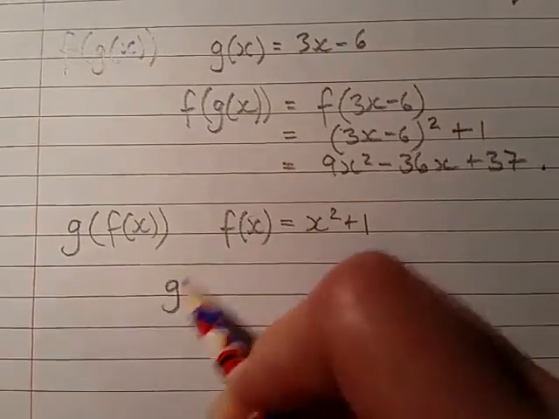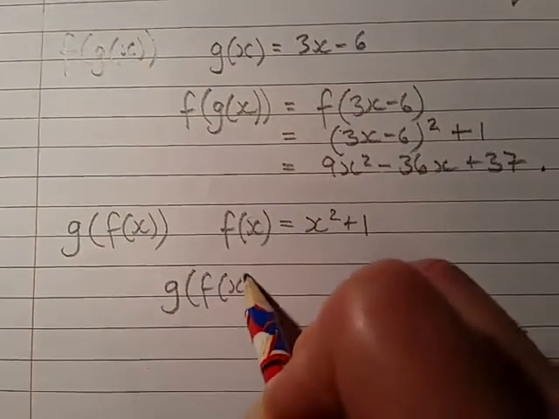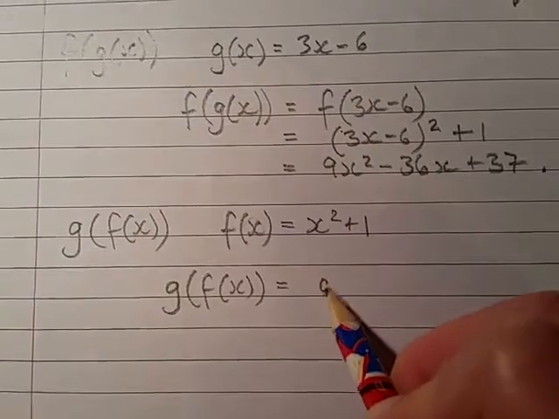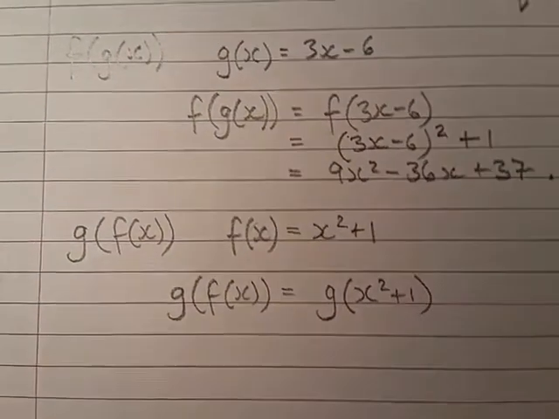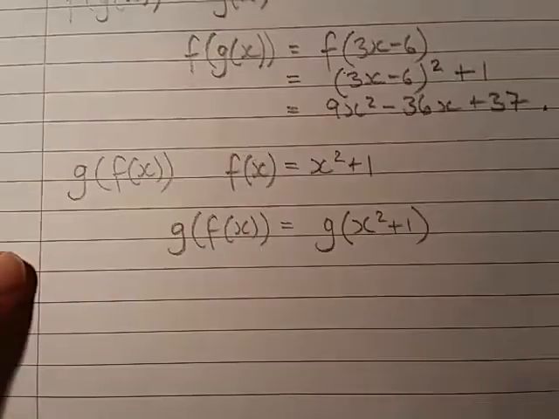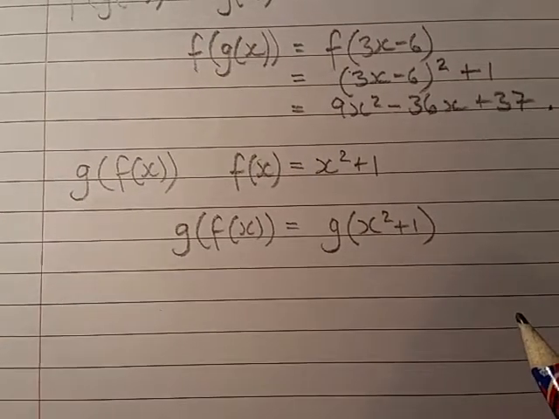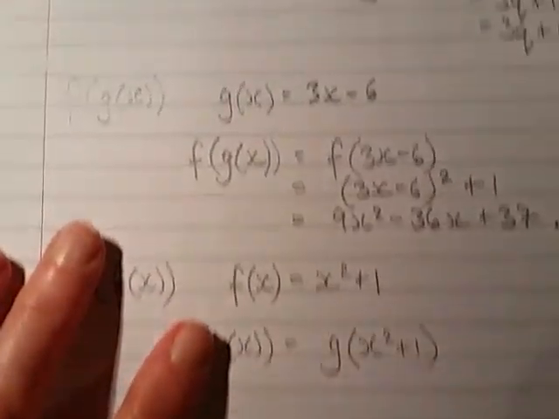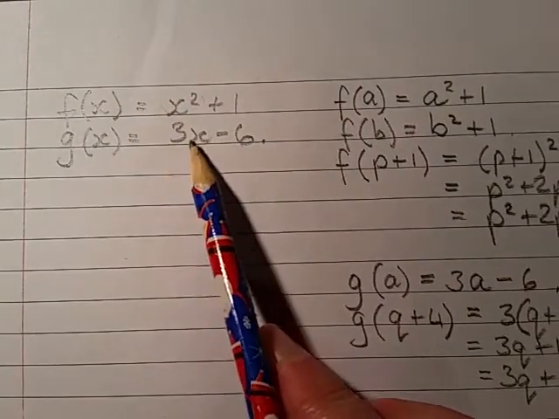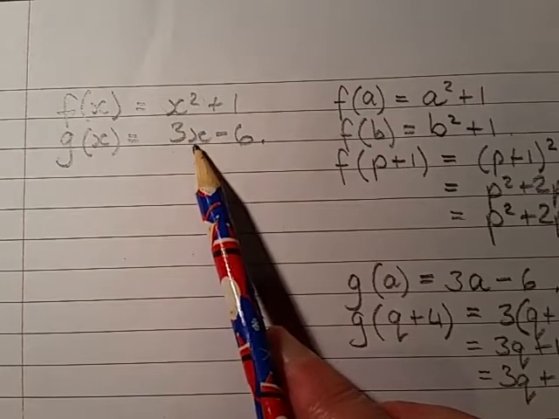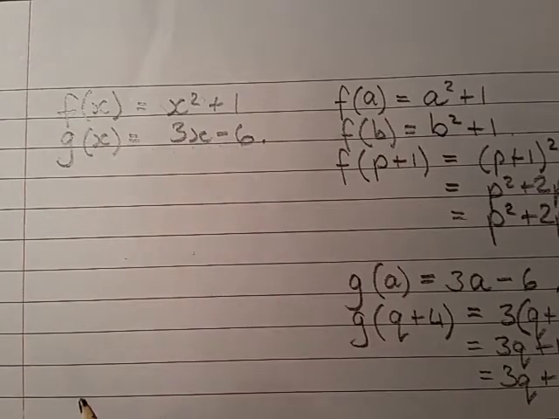So g of f of x must be g of x squared plus 1. Right, now what does g mean? The definition of g, let's have a look up here, the definition of g is 3 times whatever you put in, minus 6.